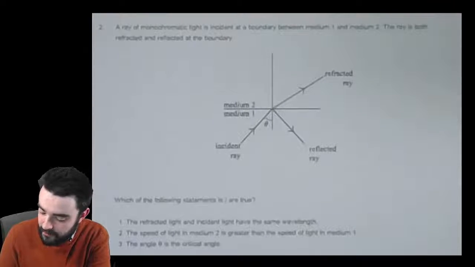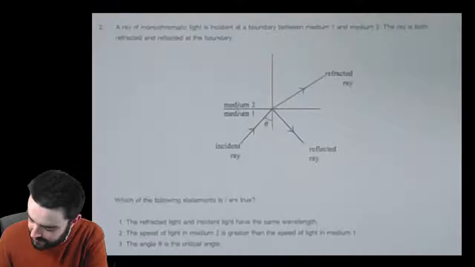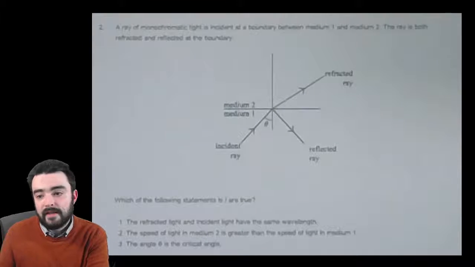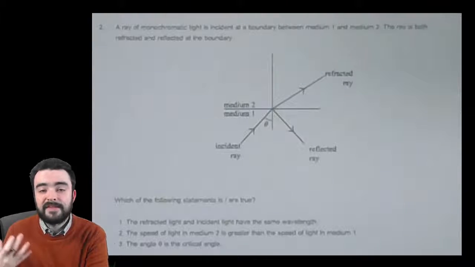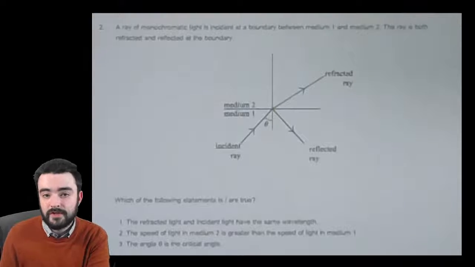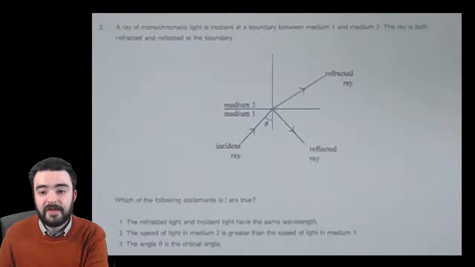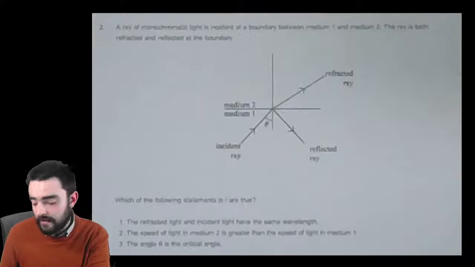The ray is both refracted and reflected at the boundary. Which of the following statements are true? The way I like to do these is I'll go through each statement and either put a tick, which means I am confident that it's true, a cross, which means I'm confident it's not true, or a squiggle if I am not sure one way or the other. Then it might be that in the options I've managed to narrow it down, and we'll see what happens.